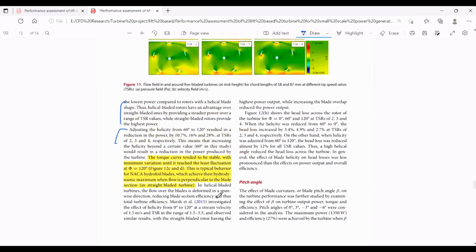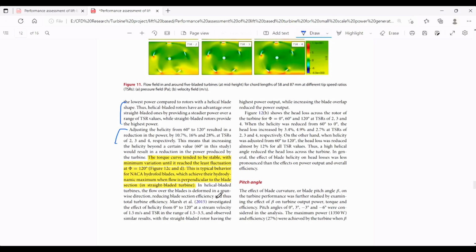Adjusting the helicity from 60 to 120 degrees results in a reduction of power by 10.7, 16, and 28% at TSRs of 2, 3, and 4 respectively, which means that although the performance improves when increasing helicity from 0 to 60 degrees, after that the performance is reduced up to 120 degrees.